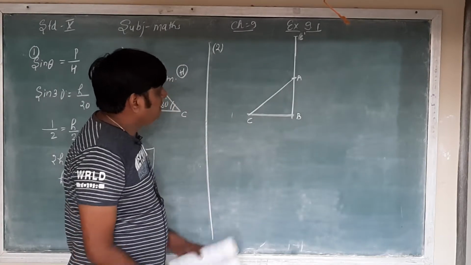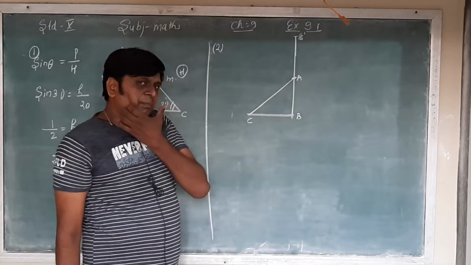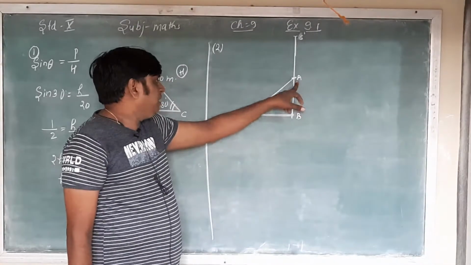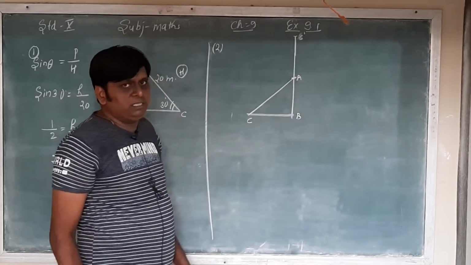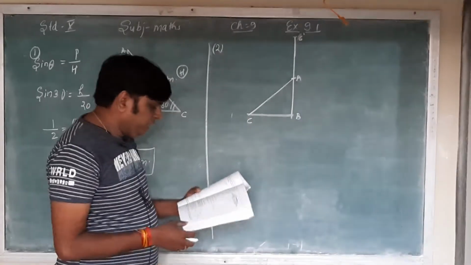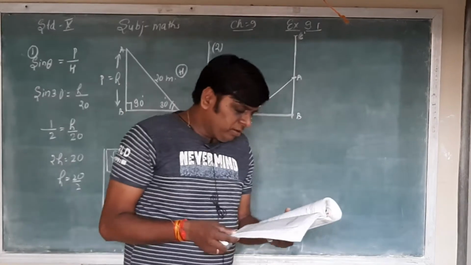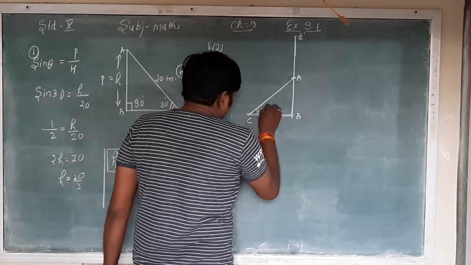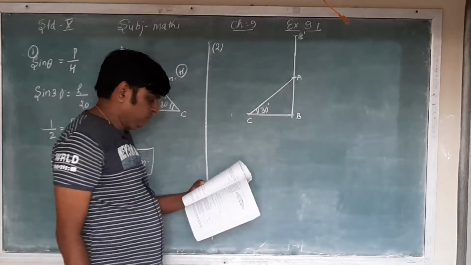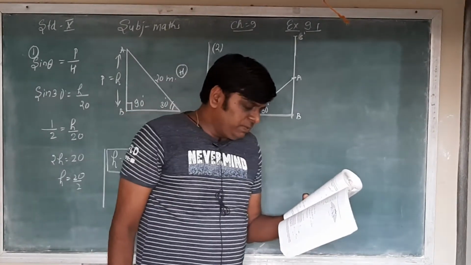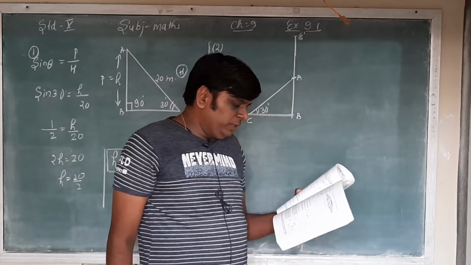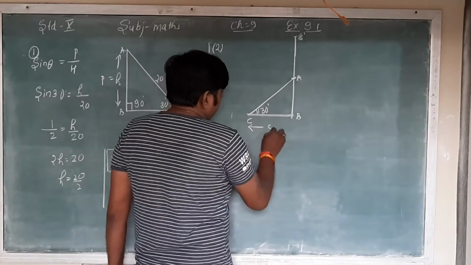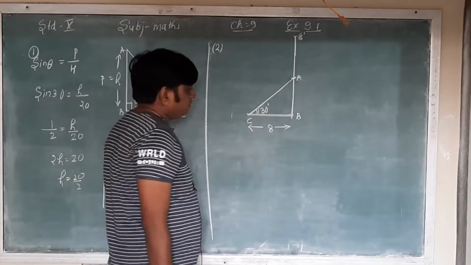The tree is BC dash. The broken part A touches the ground at point C, and the angle made with the ground is 30 degrees. The distance between the foot of the tree and the point where the top touches is 8 meters.